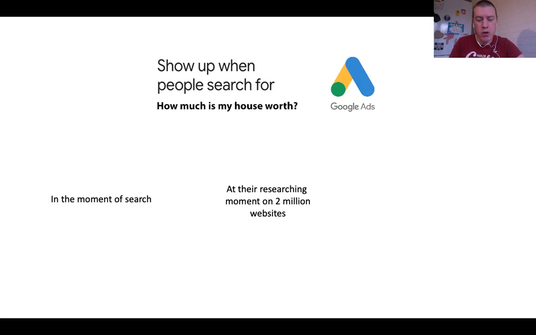Google knows the types of people that they're looking for. They know what their intent is, so they can start showing your ads on different websites that person goes on, not necessarily at the top of Google search. If they go into Gumtree or Rightmove or whatever, they can start seeing your little banner ads, and then we can start building up an emotional story and a bit of a connection.